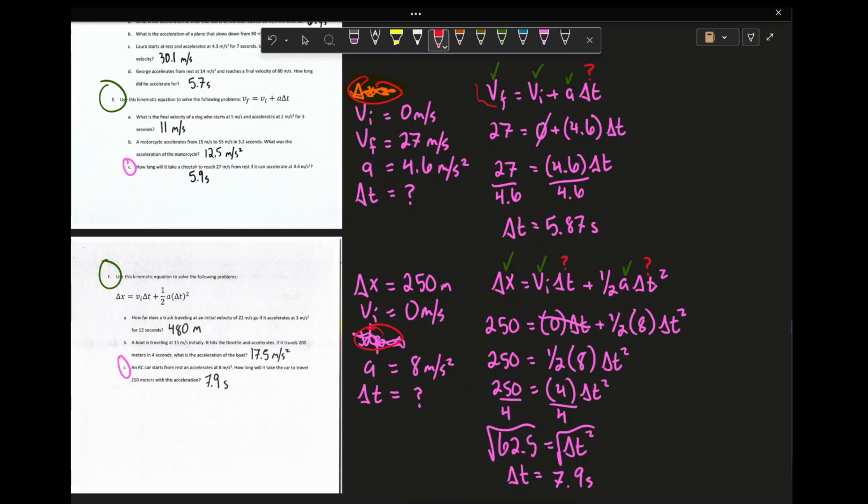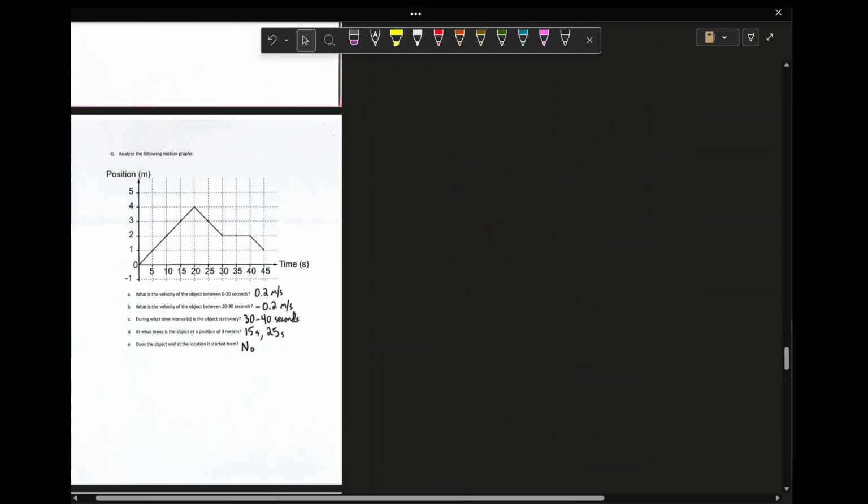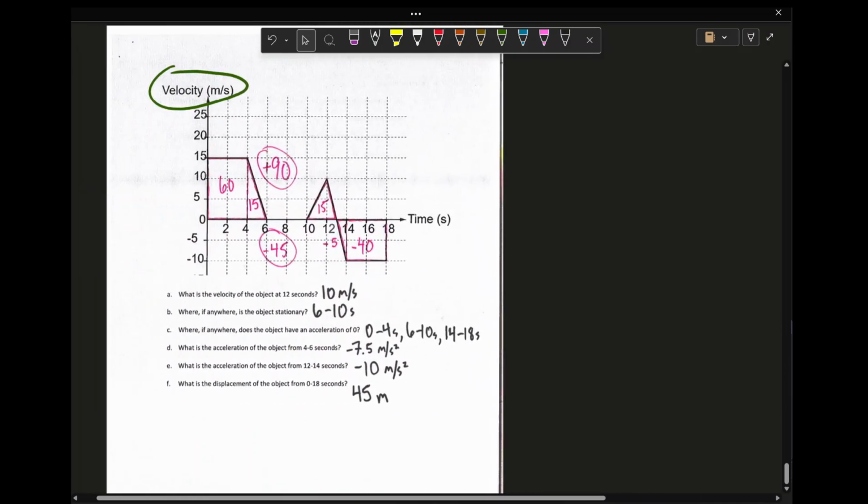So because this equation doesn't have delta x, it's the one to use. Because this equation doesn't have VF, that's the one to use for that one. So if you can parse through this whole what do I have, what do I need thing, you'll be a-okay.